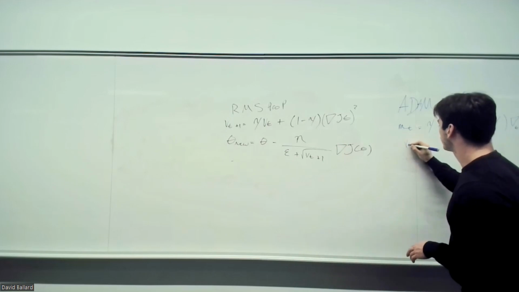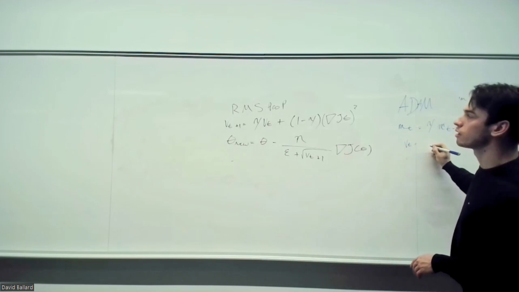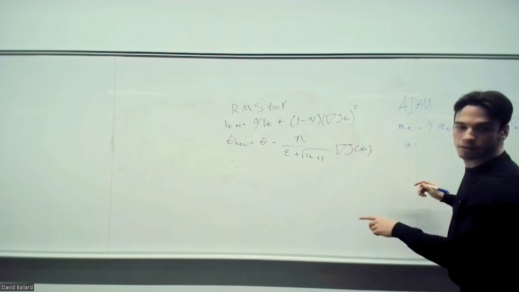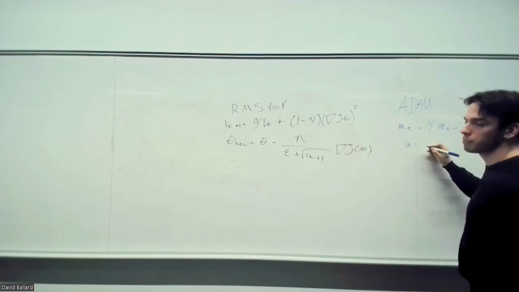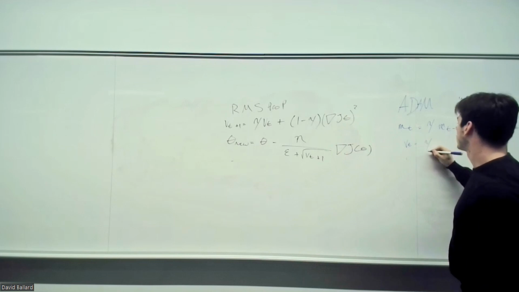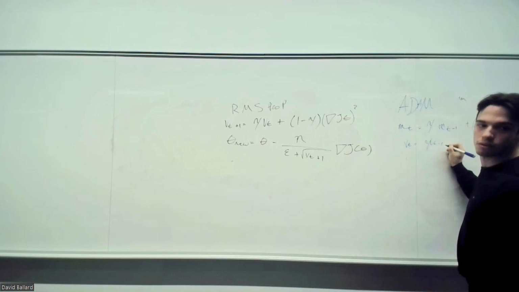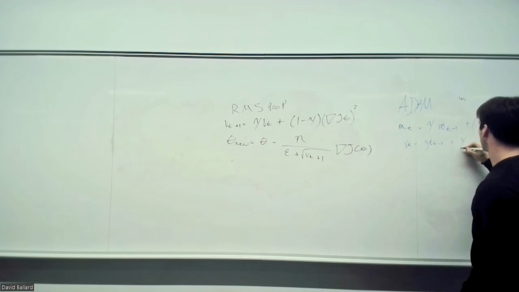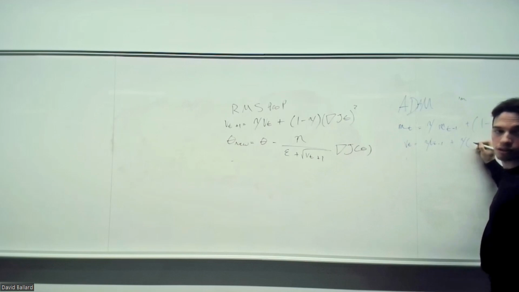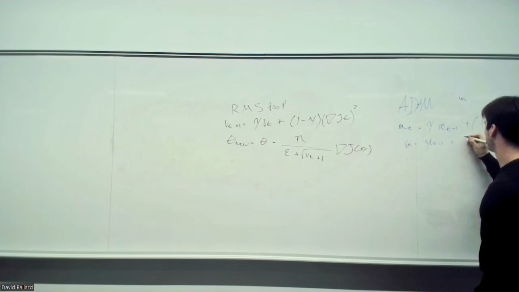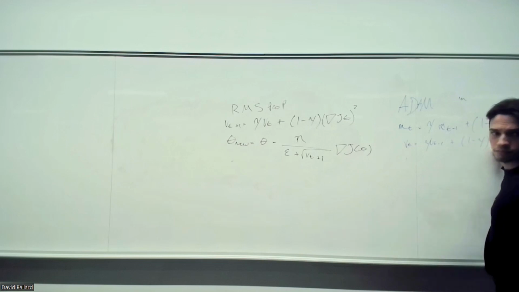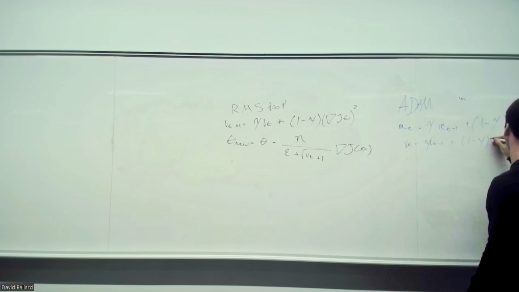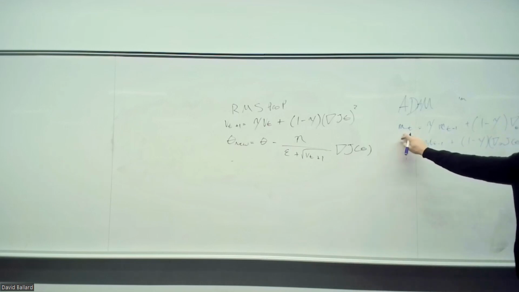And then v of t, which is here RMSProp, is going to be the same thing: gamma v of t minus 1 plus gamma times... Sorry, this is the momentum component.